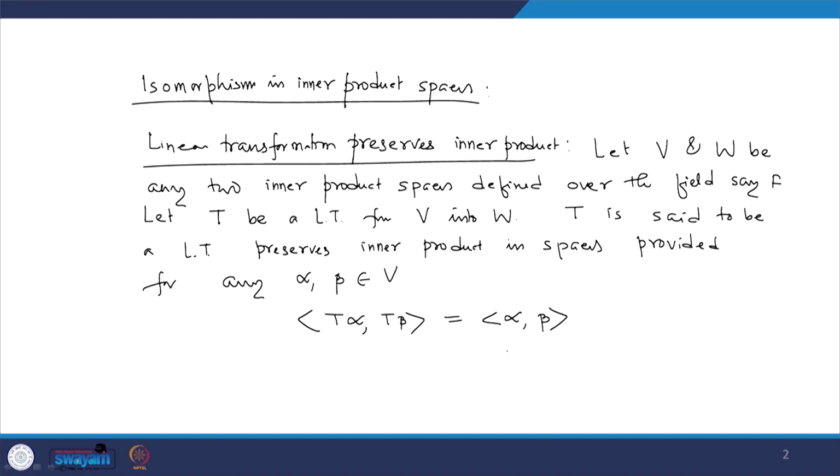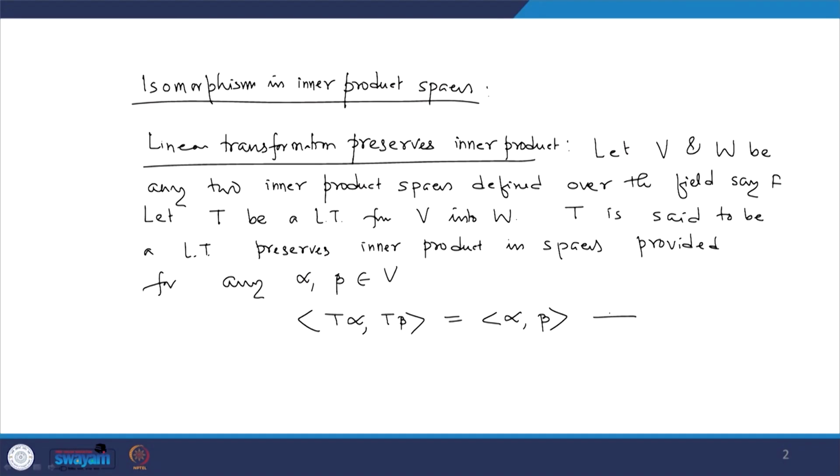See, note that the inner product of T alpha and T beta is an inner product in W, whereas inner product of alpha and beta is inner product in V. So, if this property holds good, then I will say that the linear transformation preserves the inner products in the spaces.